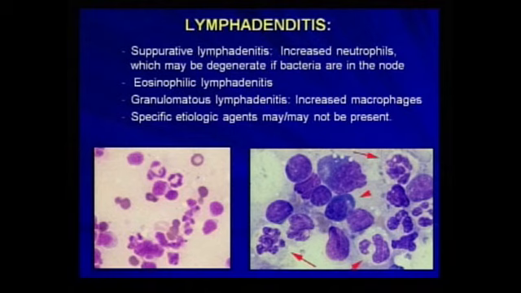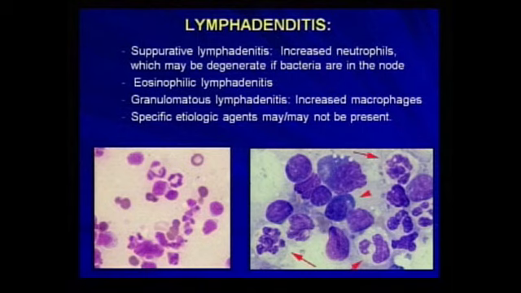You'll always get large numbers of lymphocytes, both mature lymphocytes and blasts. You may see some plasma cells because you have all of these follicles. You have the paracortex, which is already full of lymphocytes. There's not that much room for neutrophils to come in, but they will be in large numbers in these lymph nodes.